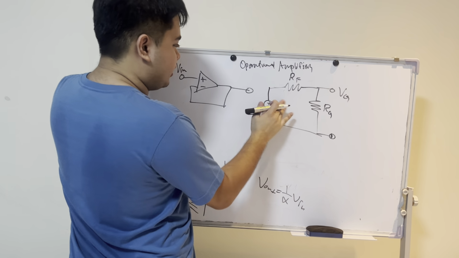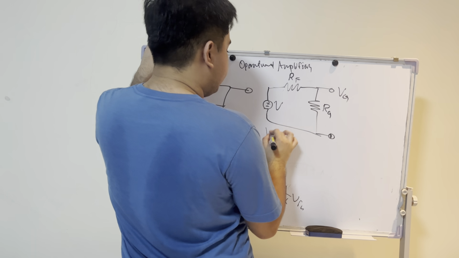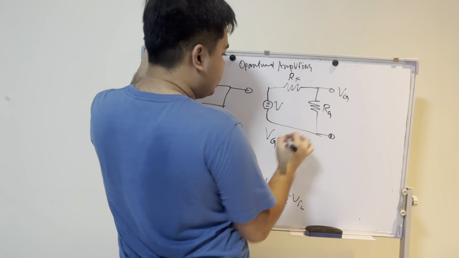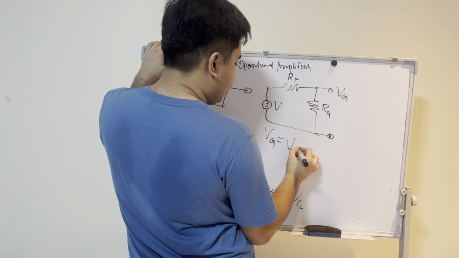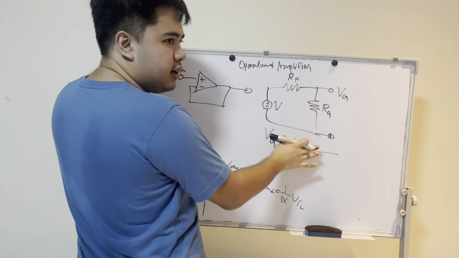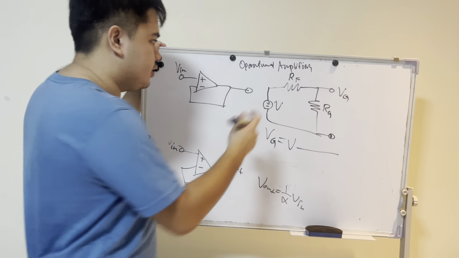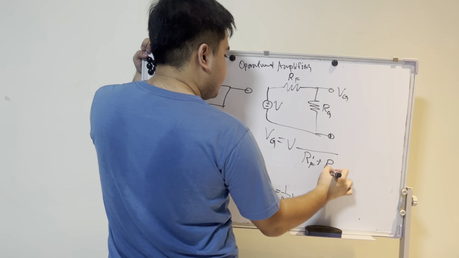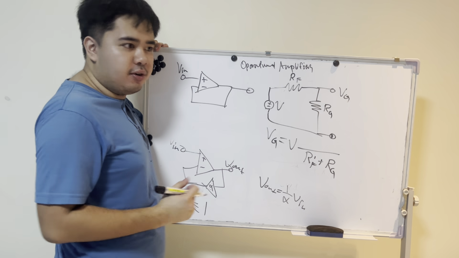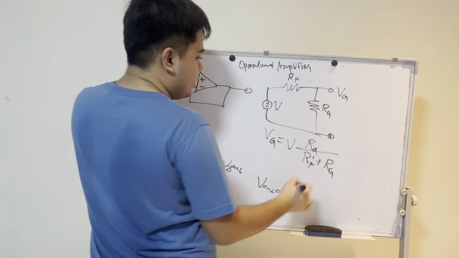To not confuse, and this is just V. VG is V times, we first divide by the total resistances in here to find the current. So RF plus RG. We multiply by RG in order to find the voltage there, RG.